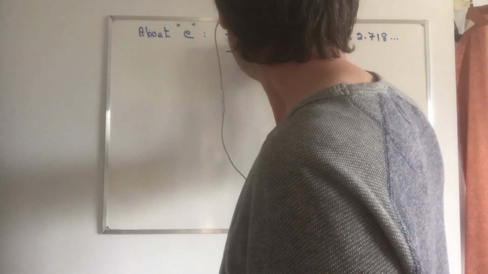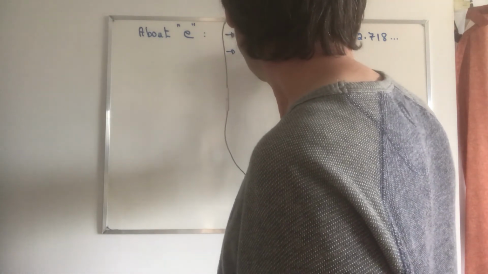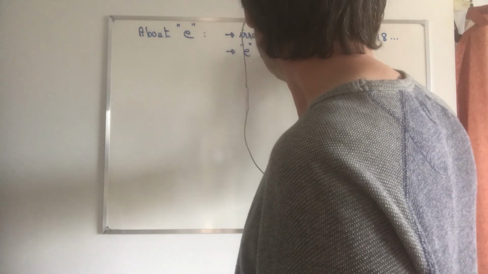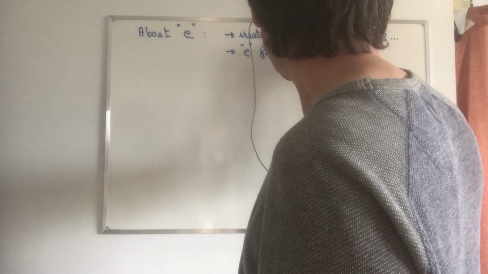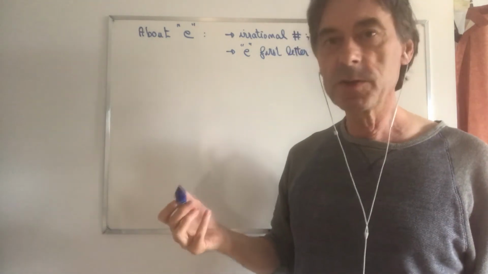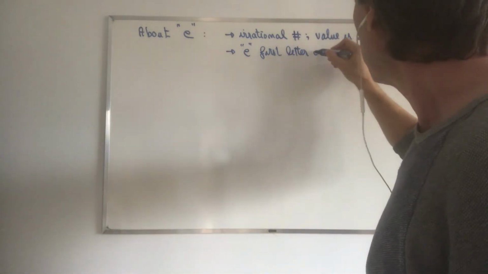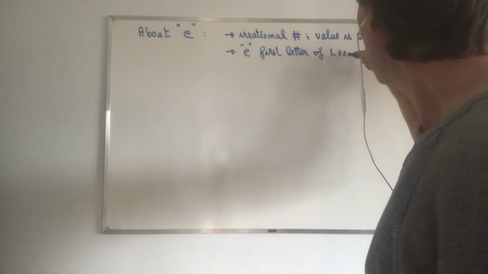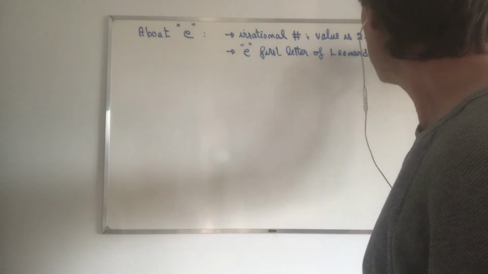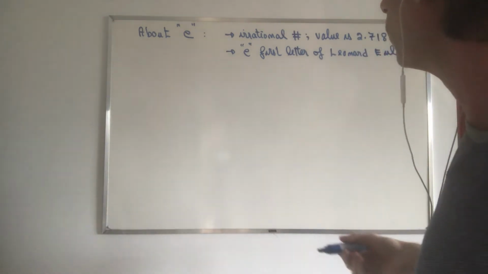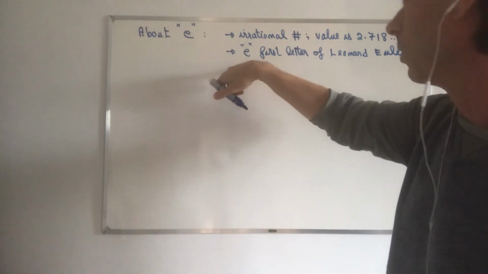E is the first letter of, I wouldn't say its inventor, but the first mathematician who actually paid attention to this number, Leonhard Euler, a Swiss mathematician, who was the first one who looked at that number.